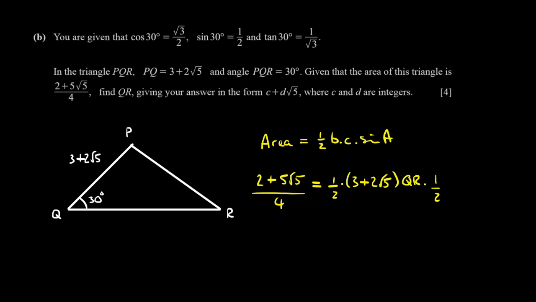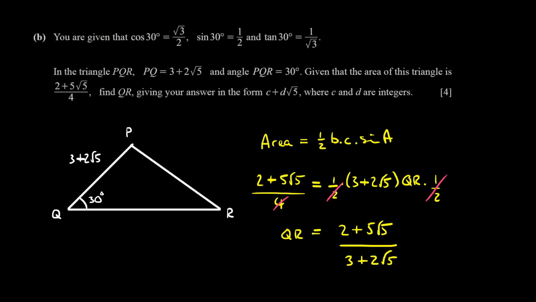Notice on both sides we've got a quarter. We've got a quarter here, and a half times a half is a quarter, which means that those things are going to conveniently cancel off. So we can just cancel, cancel, cancel. And so what that means is we'll be left with QR is equal to (2 plus 5 root 5) all divided through by (3 plus 2 root 5).